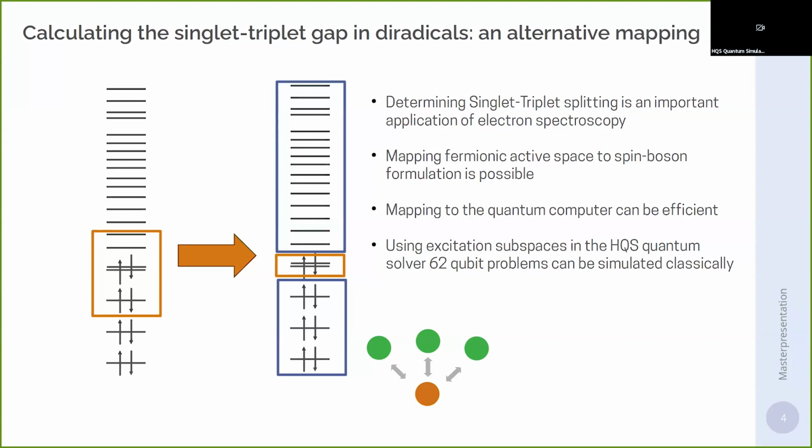things that we would very much like you to take home with you today. So first off, the singlet-triplet splitting accessible with electron spectroscopy is actually an interesting topic. It can have technical applications, and calculating it in the usual way on a quantum computer is not feasible in the near term.